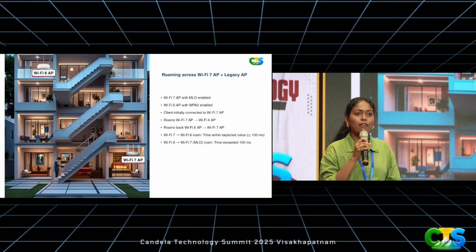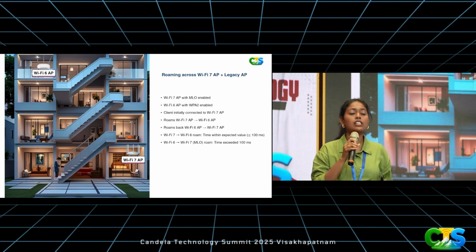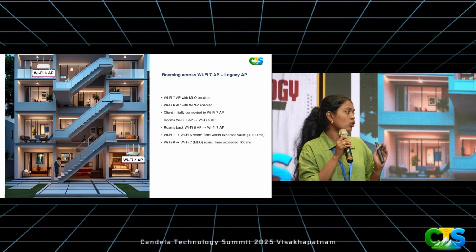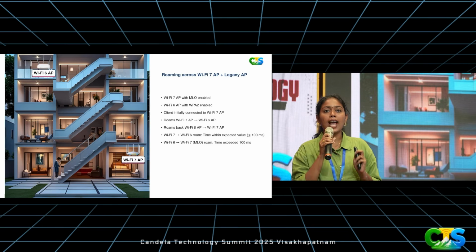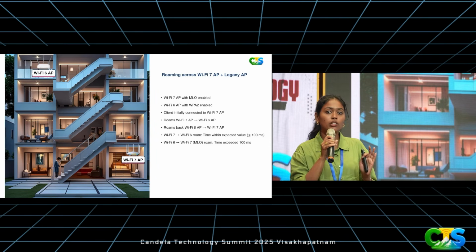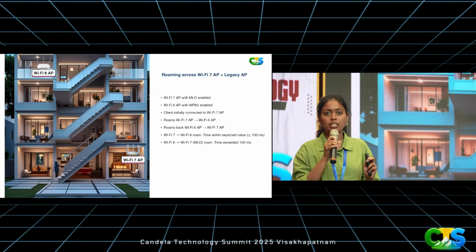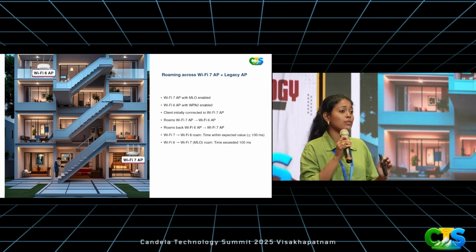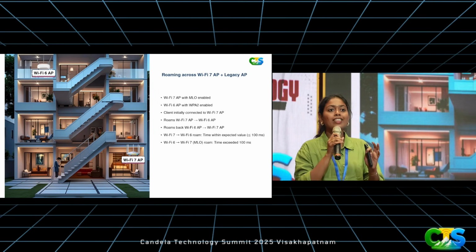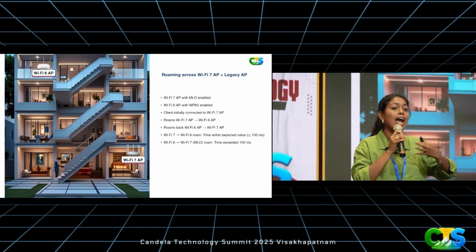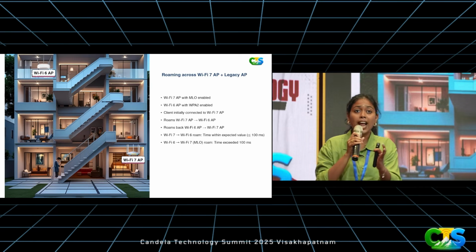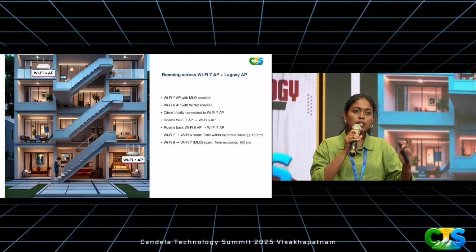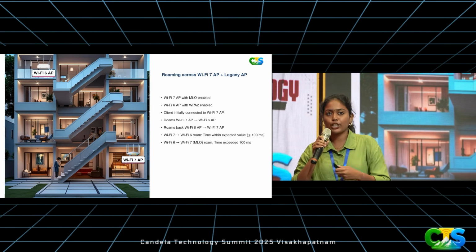One such simple yet very fundamental feature is roaming. Ensuring seamless roaming across access points is considered one of the basic Wi-Fi user experiences. So let's take a look into the roaming behavior of legacy and modern Wi-Fi 7 clients when there is a mixed or hybrid network consisting of a Wi-Fi 7 access point with MLO enabled and prior-to-Wi-Fi 7 generation APs.